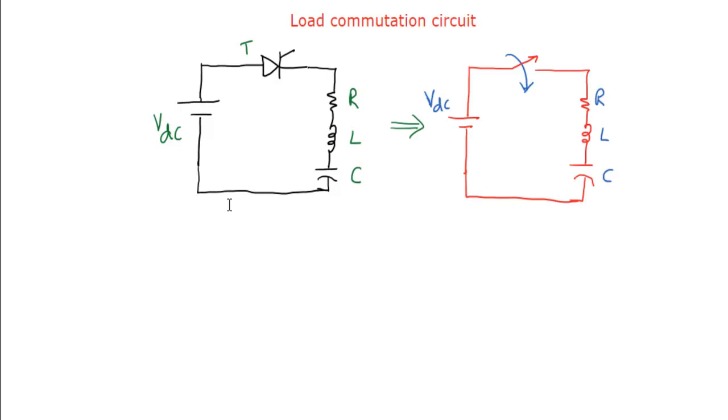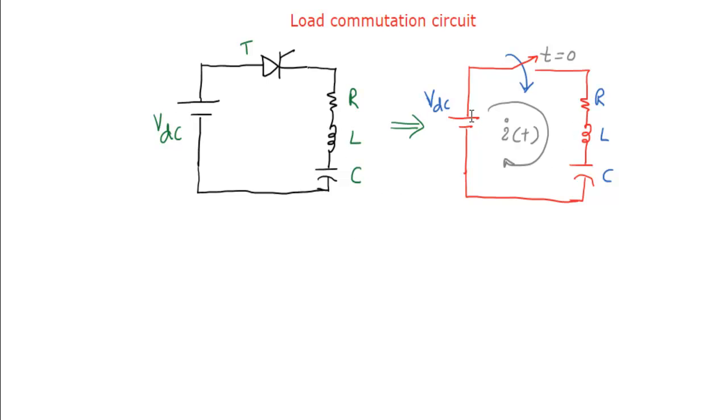Assume this equivalent circuit, where for some moment we replace the thyristor with a mechanical switch, assuming the thyristor is acting as a switch. If you connect the RLC circuit across the DC voltage through the switch, how exactly will the current flow through it? That's what we need to discuss. Assume the thyristor or mechanical switch is turned on at t equal to 0, then current will flow.